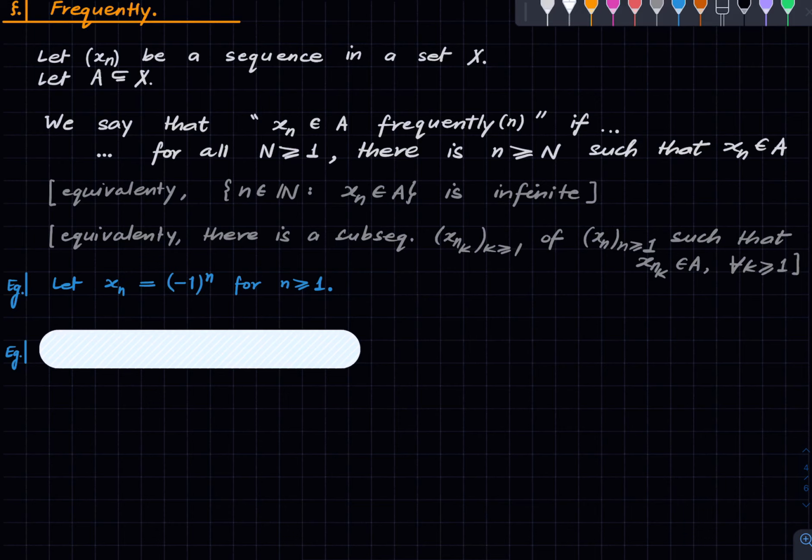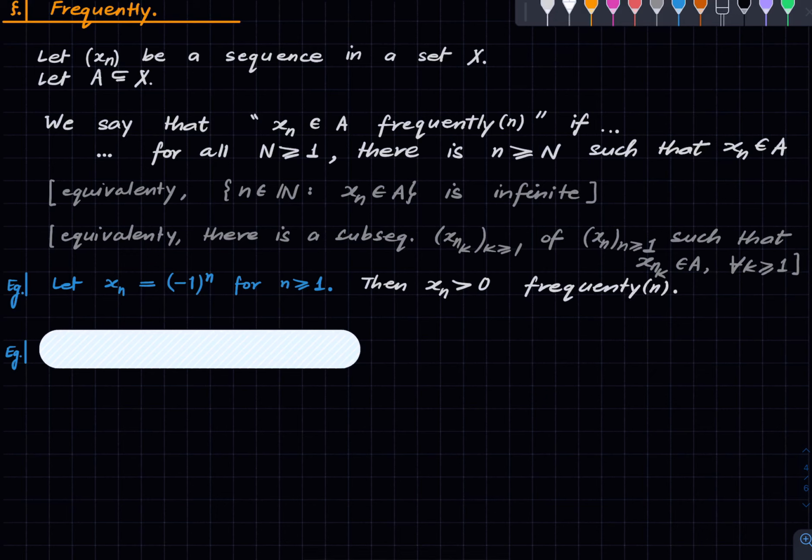So now, here is an example. We define this sequence xn as (-1)^n. So for odd naturals, we get -1, and for even naturals, we get 1. So one can easily see that xn is greater than or equal to 1 frequently. Or let me write xn is greater than 0 frequently over n.